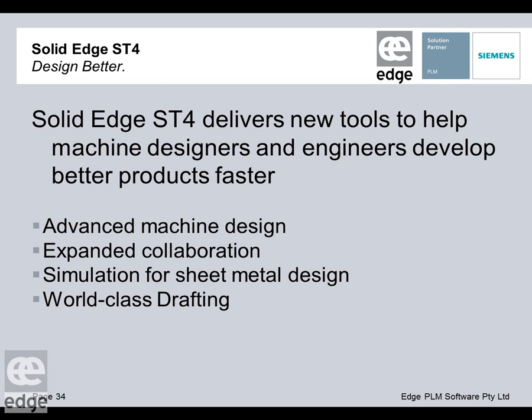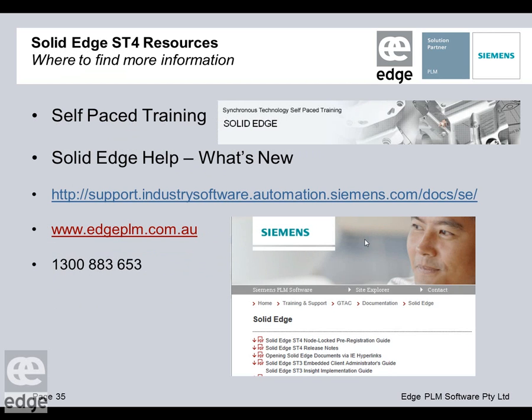We've built on the gains in earlier ST, ST2, ST3. ST4 delivers a lot of refinements, a lot of productivity, and just makes it much easier to get into complex design.